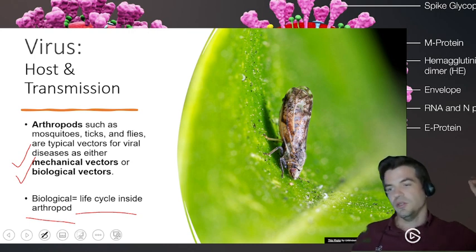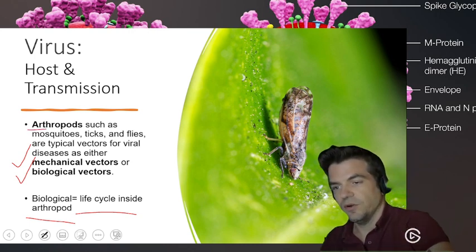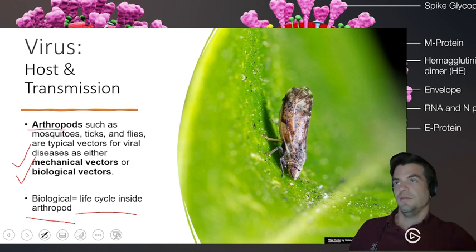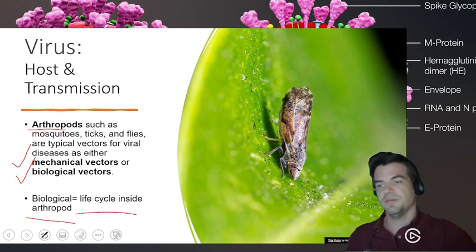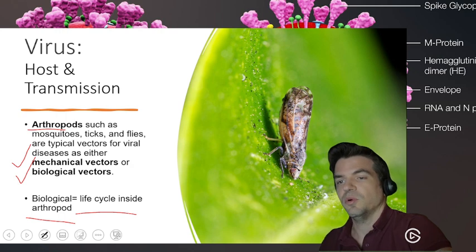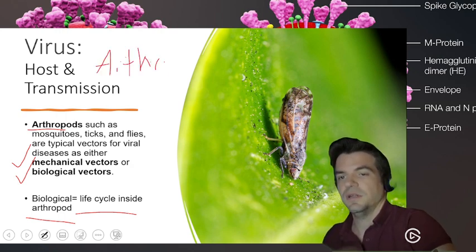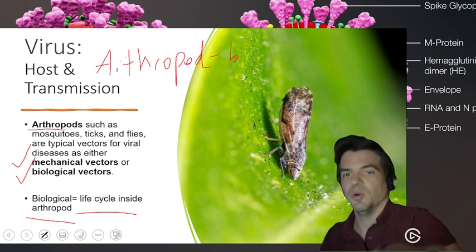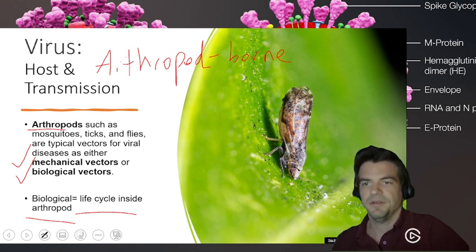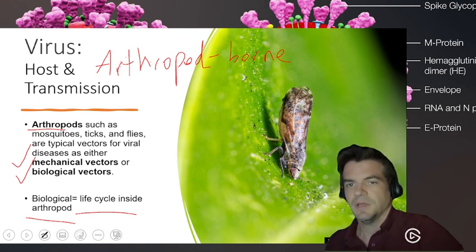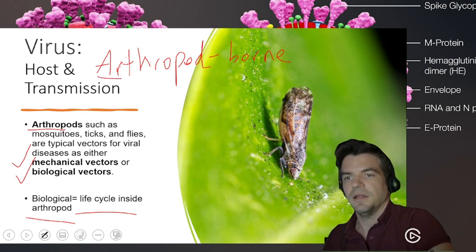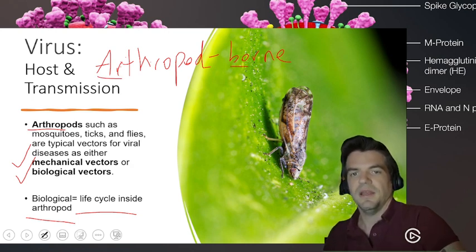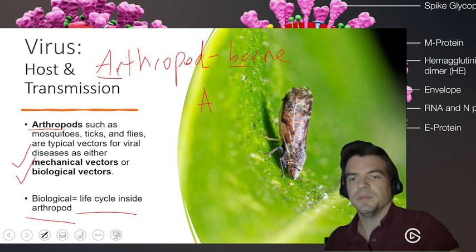Okay, and so when you have an arthropod spread virus, it's called arthropod-borne virus, and that would be an arbovirus.